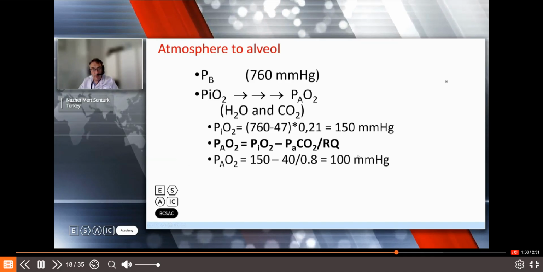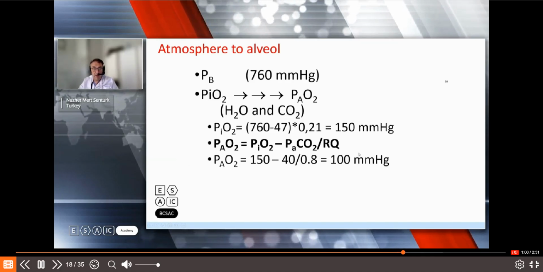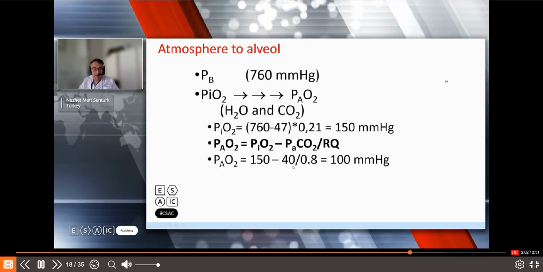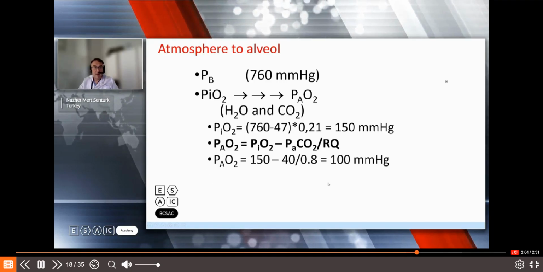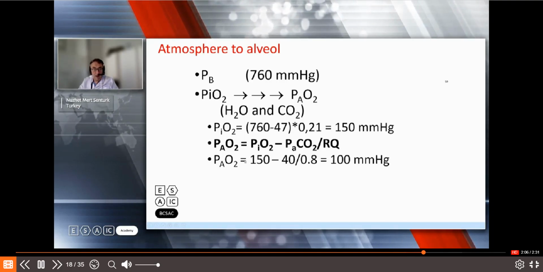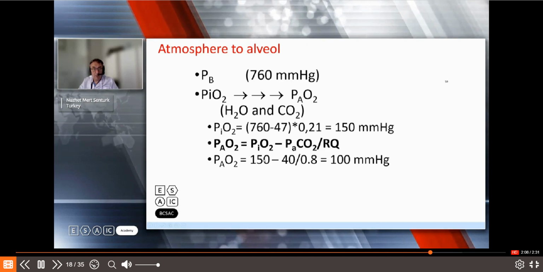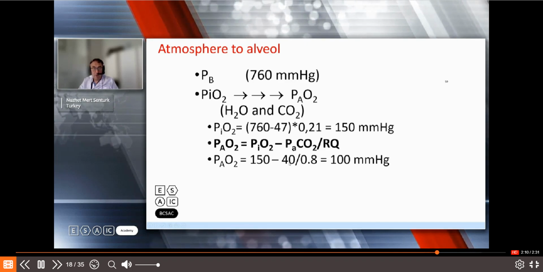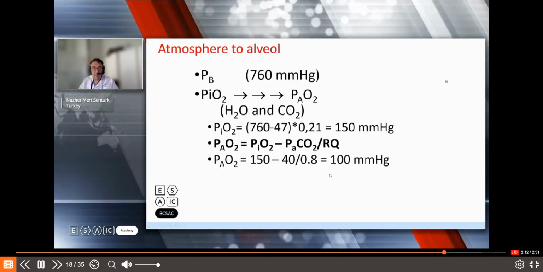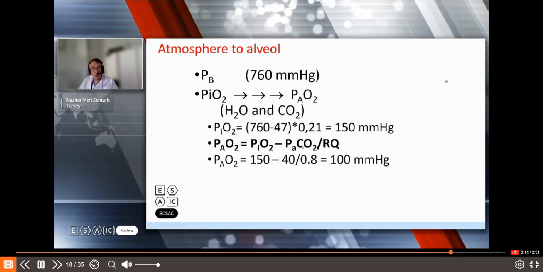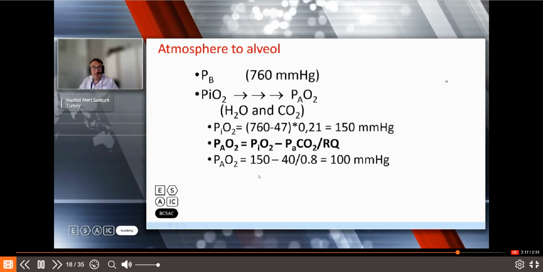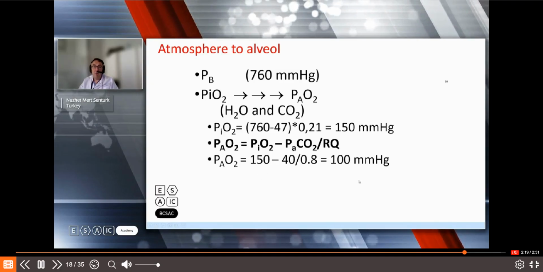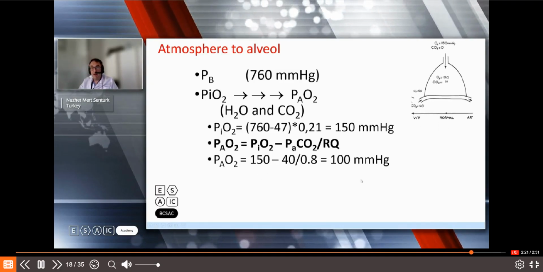So for a normal, healthy human being breathing spontaneously in room air, this would be 150 of inspiratory oxygen pressure minus 40, which is the arterial CO2 pressure, divided by 0.8, which is almost 50. And then we have an alveolar oxygen pressure of 100 millimeters of mercury.